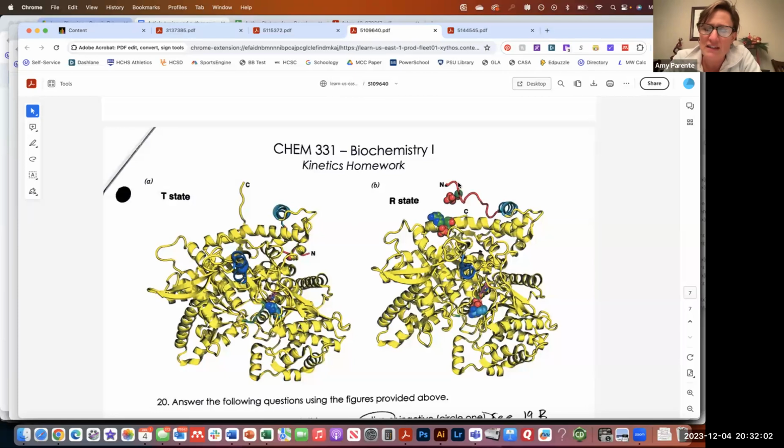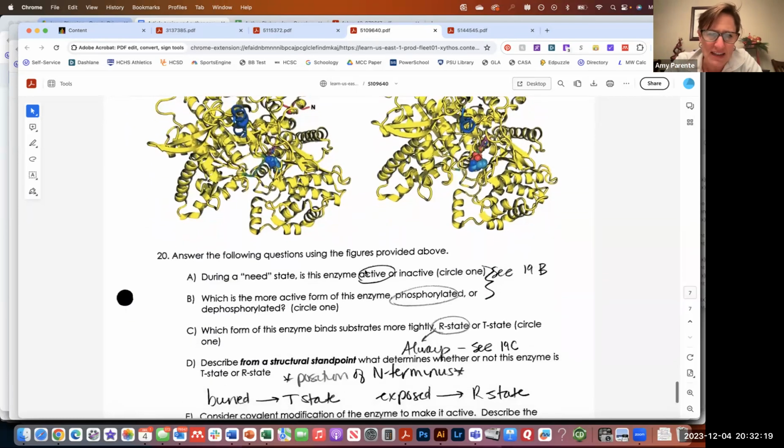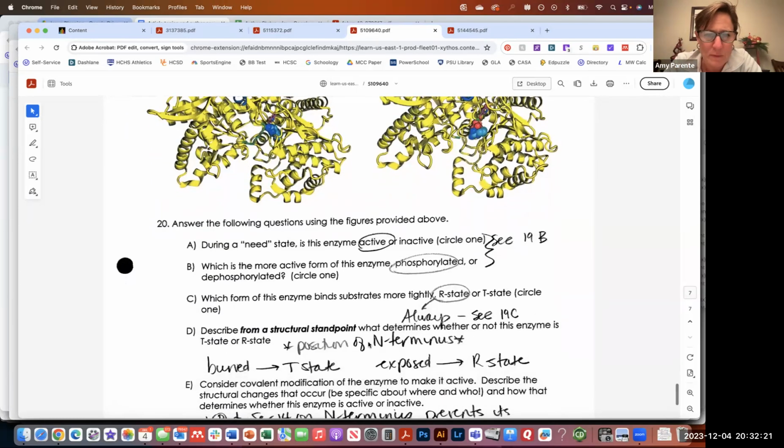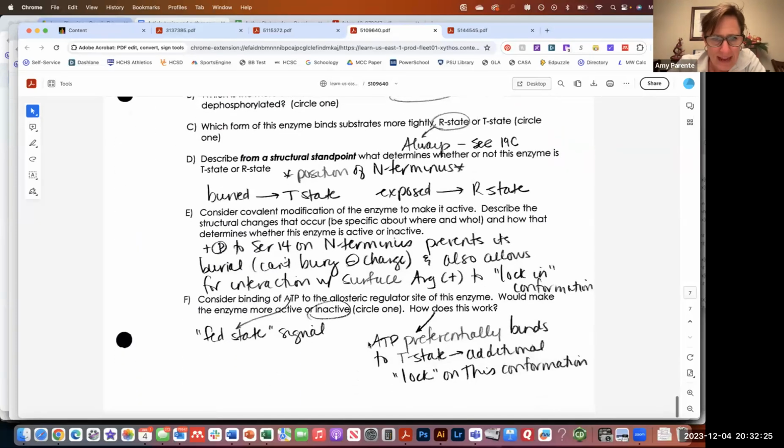Phosphorylation of that serine 14 not only means we don't want to bury a negative charge, but it also means that we have the ability to lock it into this external position by electrostatic interaction with an arginine residue that's here. So I think that's all the information that's indicated here by circling some pieces. Let me see if there's anything else to add here. I don't think so. I think that's it.